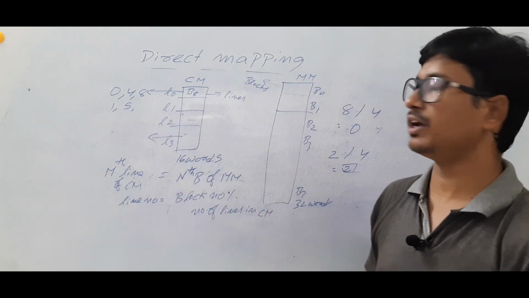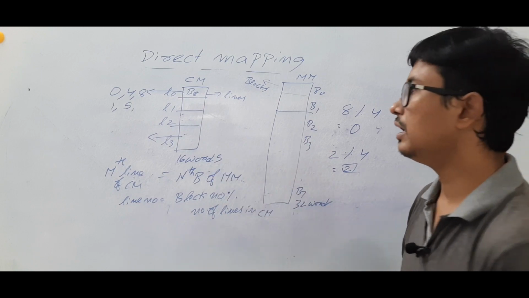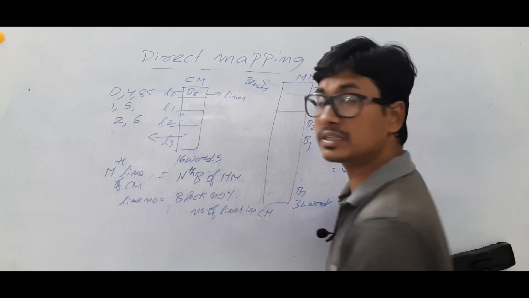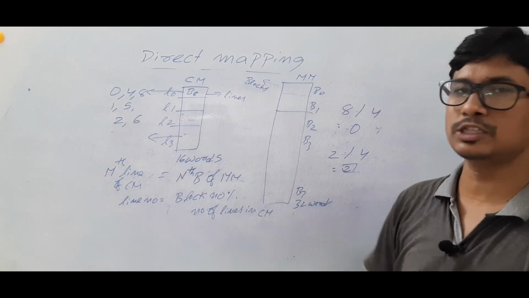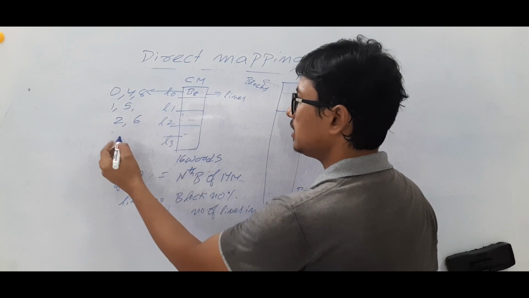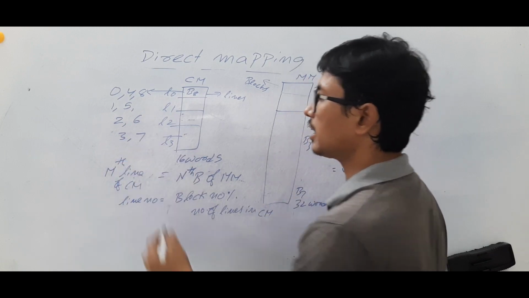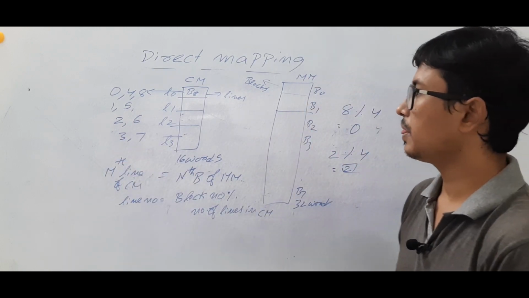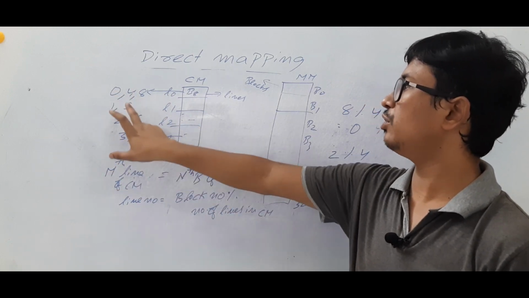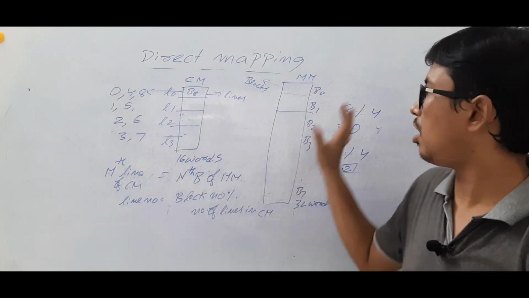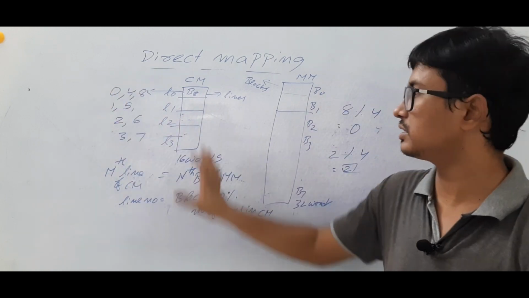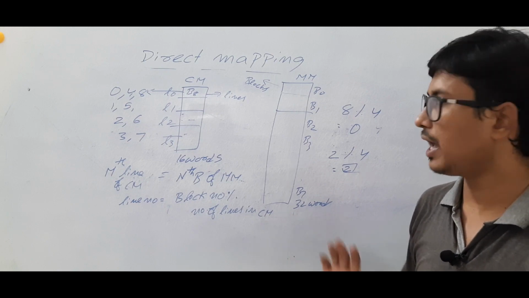In line number 2, you will have 2 and 6. Similarly, 3 and 7 can be kept in line number 3. So all the blocks of the main memory, you can keep in some location of the cache memory. Am I right?